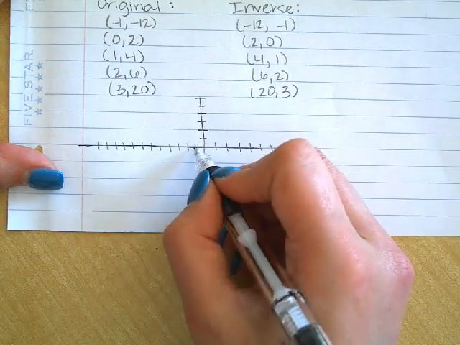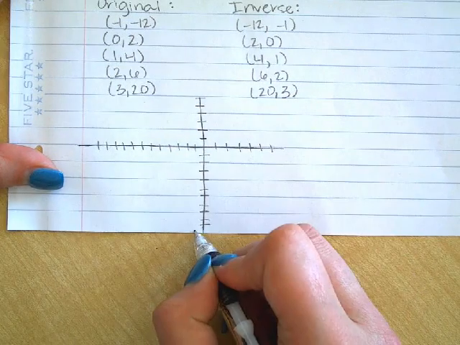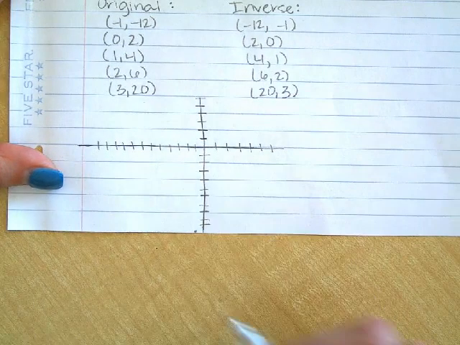I have left 1 down 12, which is off the paper, but we'll pretend that we got it.